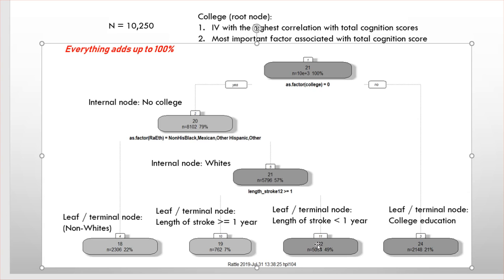And as you can see from here, the predicted total cognition score for those with stroke for more than a year is somewhat lower than those with stroke for less than a year.